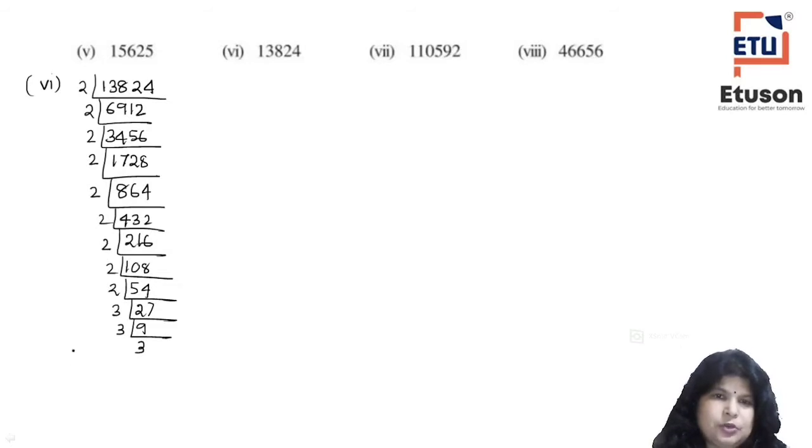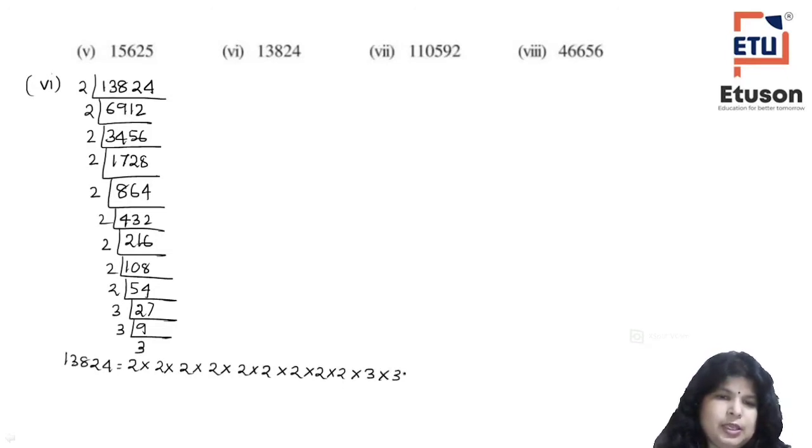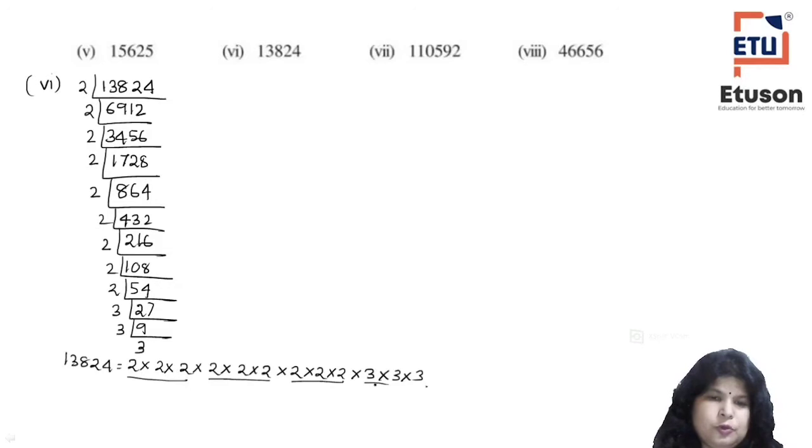Right? So now let us write down the prime factors. You get 13824 is nothing but equal to 2 into 2 into 2 into 2 into 2 into 2 into 2 into 2 into 2 into 3 into 3 into 3. Now let us form the group of 3. So now you could form all the groups of 3.